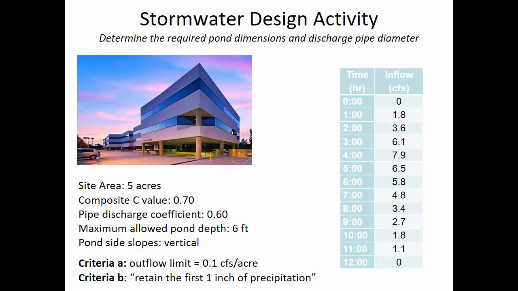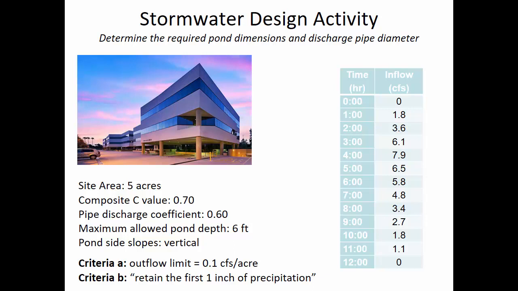So what we have to do is design a pond, where we have time on the horizontal axis and flow rate on the vertical axis. The storm is causing water to run off of our developed area at a really high flow rate.